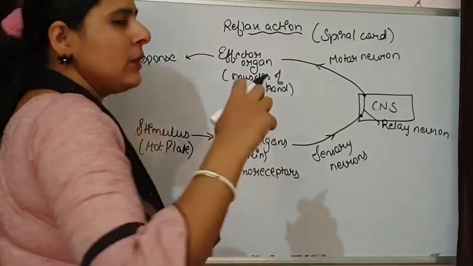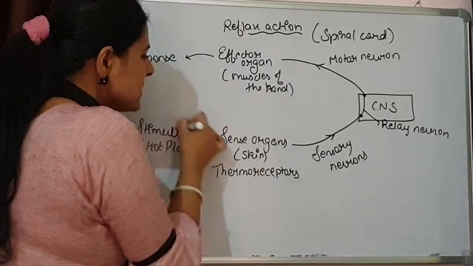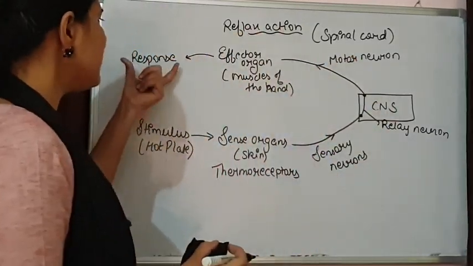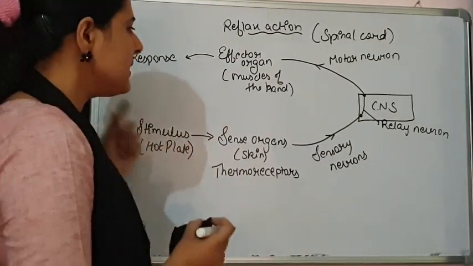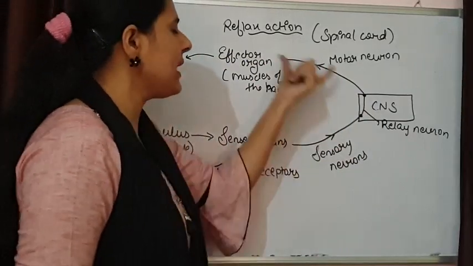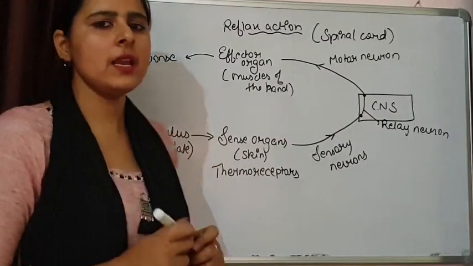The response will be, I'll move my hand away from the hot surface. So this is how a pathway is followed, and this pathway is basically generating a response against any stimulus, and this is a simple reflex arc. So this is how a reflex arc is formed. We will discuss next topics in our later classes.